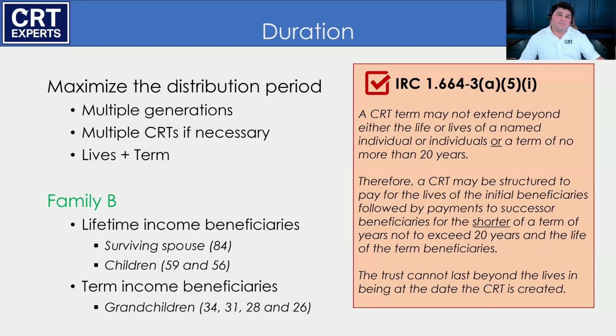So a CRT can be structured to pay for the lives of certain named individuals, followed by payments to other individuals for the shorter of a term of years not to exceed 20, and the life of those other individuals. The trust cannot last beyond the lives in being at the date the CRT is created, and we are not running afoul of that requirement. So that's what we're using in this case to extend this income stream to that third generation, all the way out to the grandchildren.